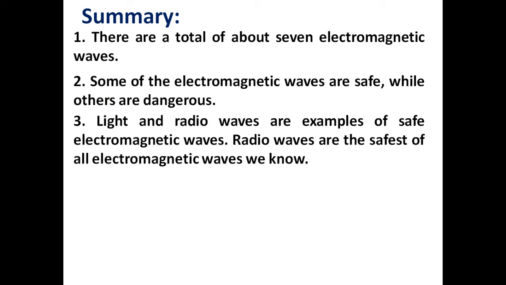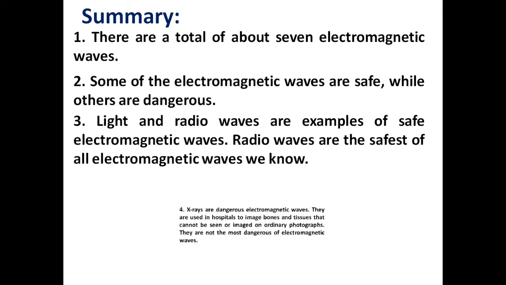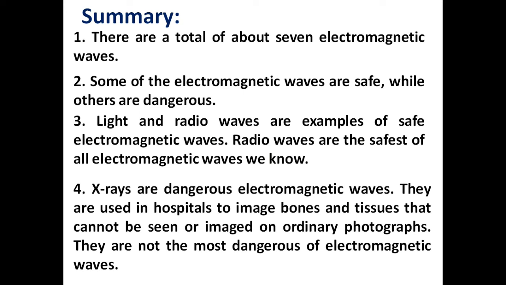Radio waves are the safest of all electromagnetic waves we know. 4. X-rays are dangerous electromagnetic waves. They are used in hospitals to image bones and tissues that cannot be seen or imaged on ordinary photographs. They are not the most dangerous of electromagnetic waves.